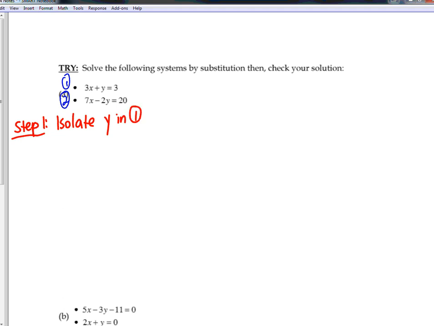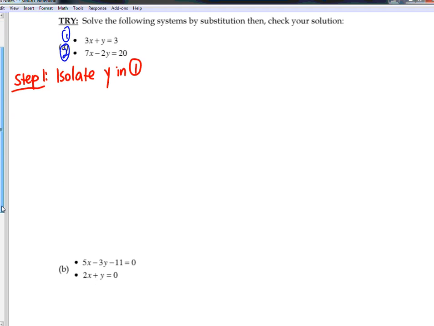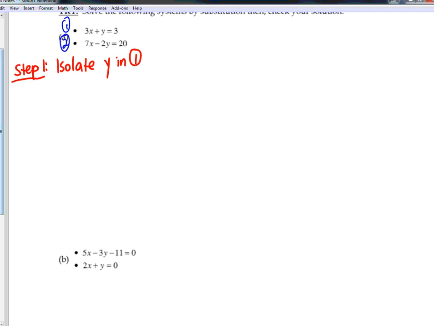Whoever has a coefficient of 1 is the easiest to isolate for. 3x plus y equals 3, so y equals, subtract 3x to the other side. y is negative 3x plus 3.